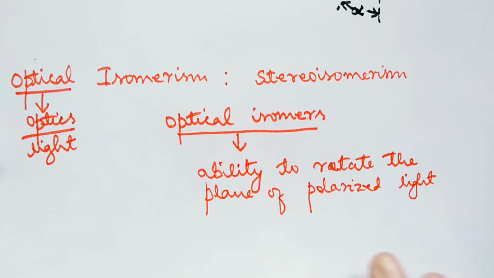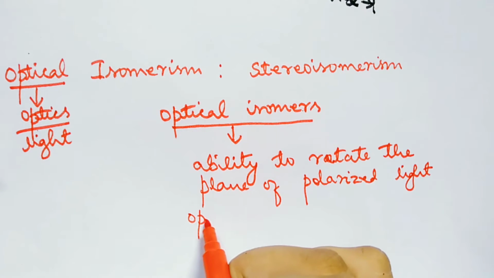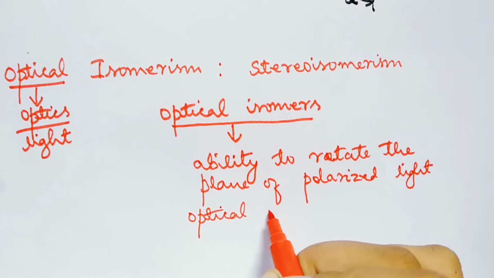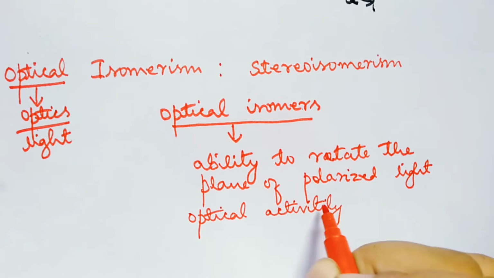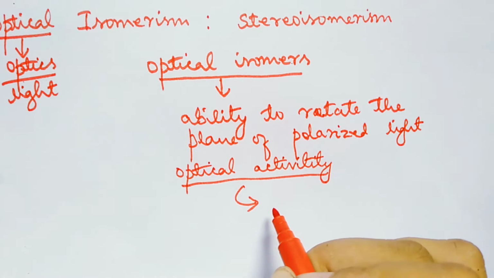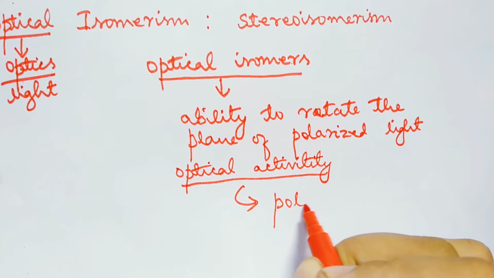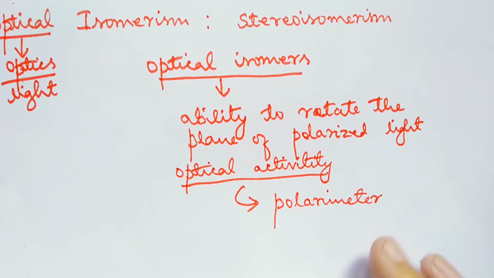And this property of such compounds is known as optical activity. And to measure optical activity we need a polarimeter. So these are some of the concepts to be kept in mind.